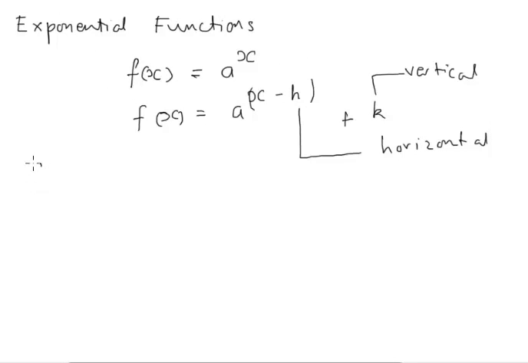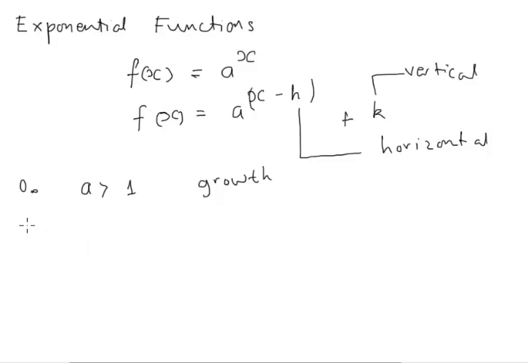Let's say point number 1, initial point. When a is greater than 1, we know that this is going to be growth. I'm just summarizing what it is, isn't it?